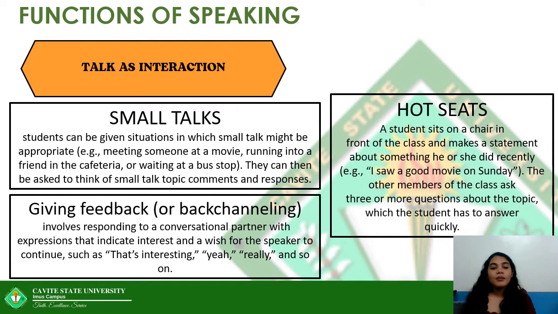So, give them a conversational partner, a conversational peer, and they must use expressions that will indicate that they are interested in the topic or interested in that conversation, or hot seats, no? So you will just choose one student and then he or she should make a statement, and the other members of the class will ask questions about the topic.